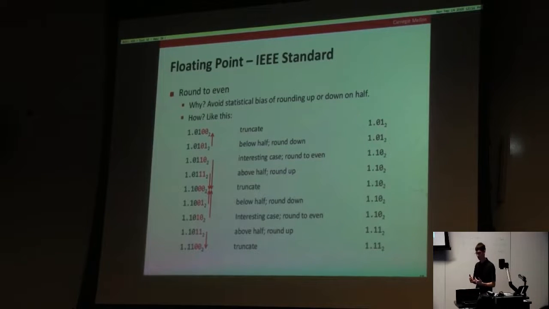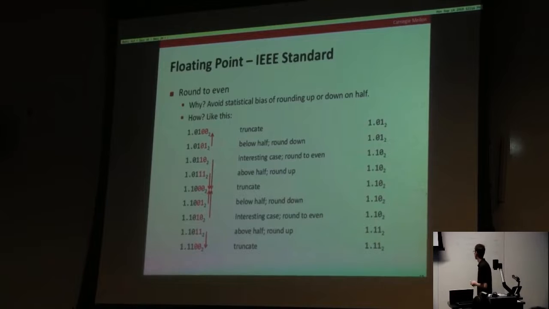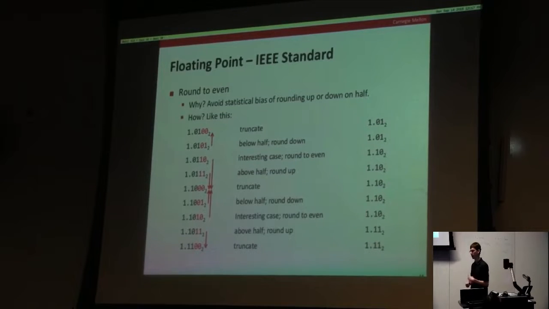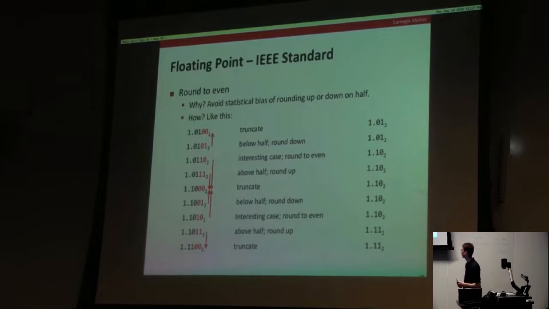If you have a bunch of stuff that ends in 1/2, and you have a rule that's either always round 1/2 up or always truncate, then you'll have statistical bias, because all of the 1/2s will go the same direction and you'll push your average either up or down from what it really should be. So there's a more statistically sound way of rounding, and this is what floats use, so that as we lose precision we don't have that bias as much as possible. It's called round to even.